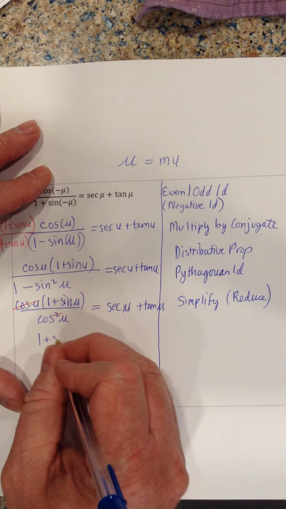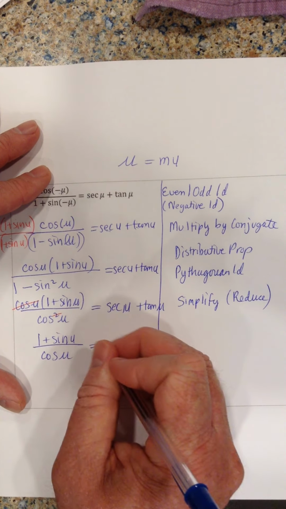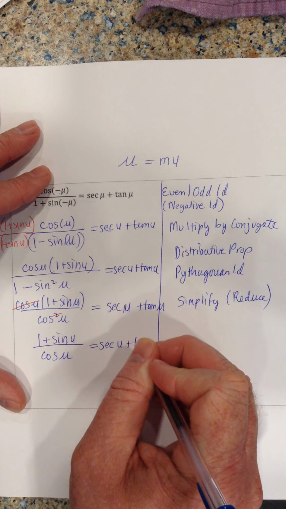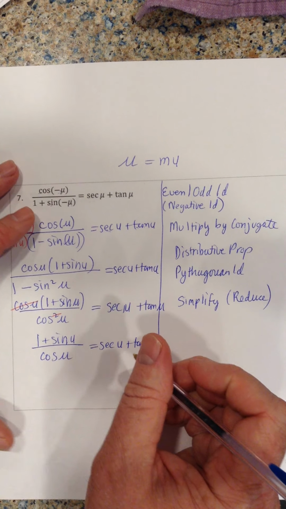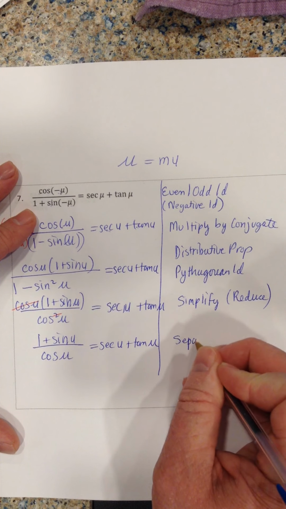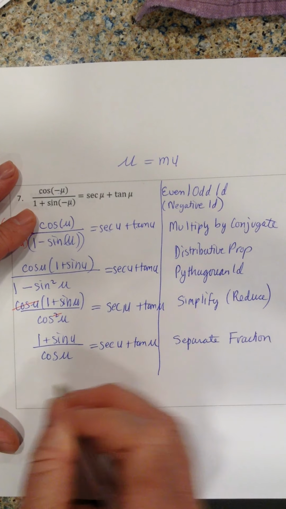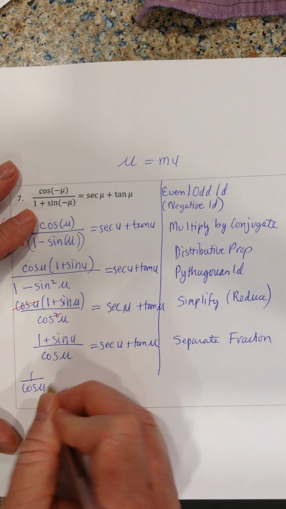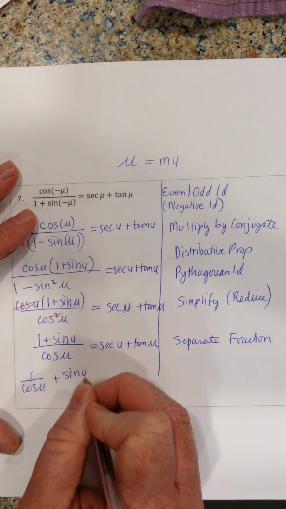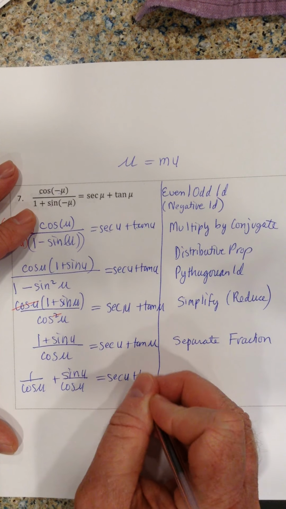So now I have (1 plus sine of mu) over cosine of mu equals secant of mu plus tangent of mu. Alright, so now I'm going to divide into two fractions, okay? So separate fraction. So it's 1 over cosine of mu plus sine of mu over cosine of mu equals secant of mu plus tangent of mu.